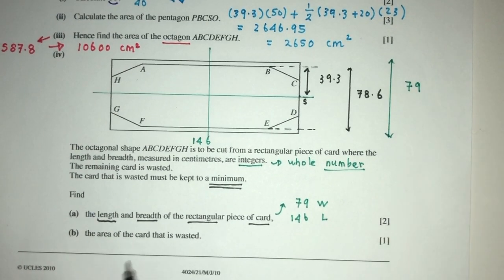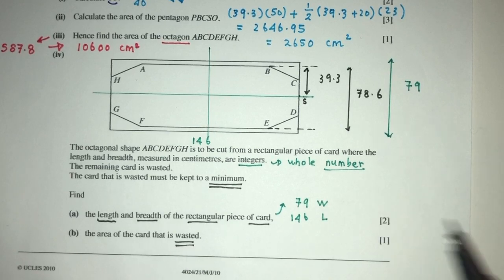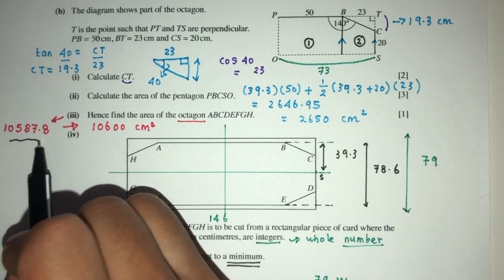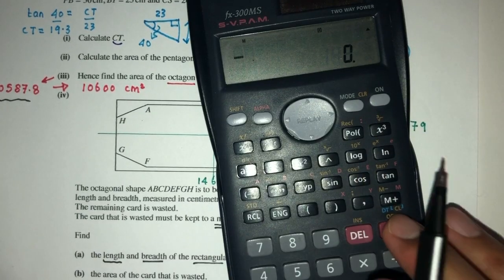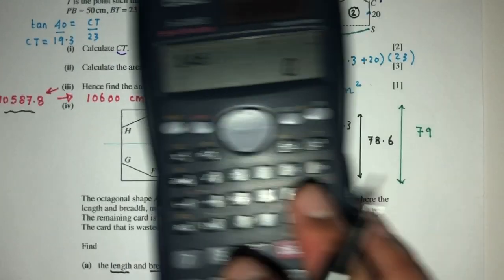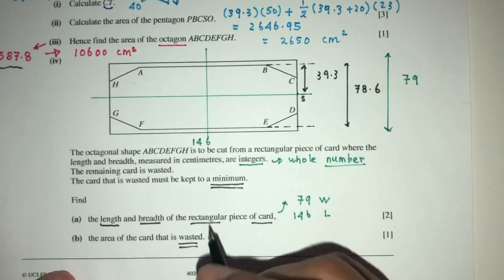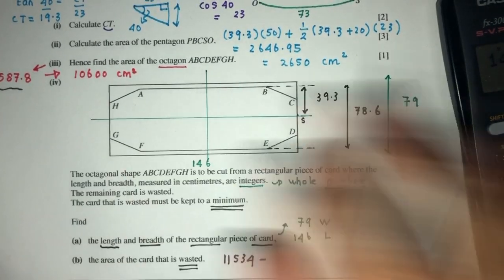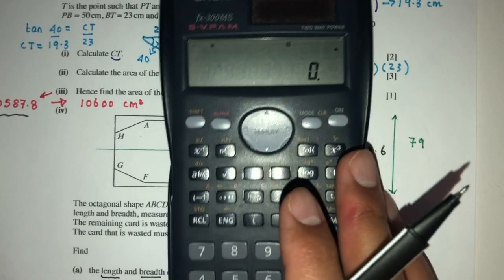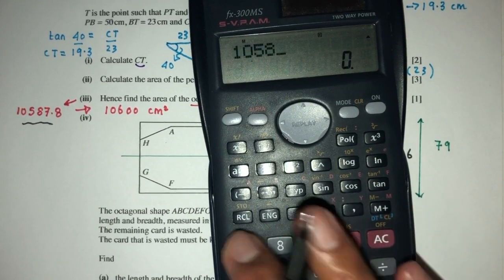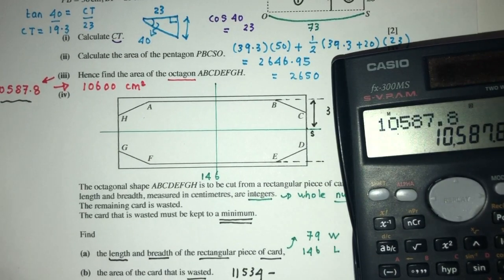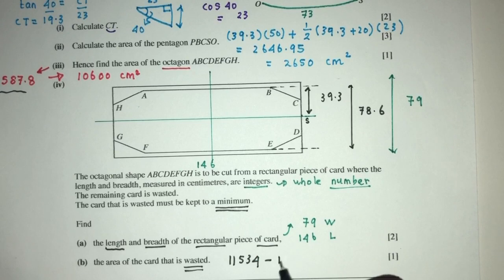Now for part B, we have to find the area that is wasted. Pretty easy. Since we found the area of the octagon was this much, let's find the area of the whole thing. The rectangle will be length, which is 146 times 79. That will be 11534 minus this one. Again, we have to use exact values as much as we can so our final answer will be correct. That will be 10,587.8.